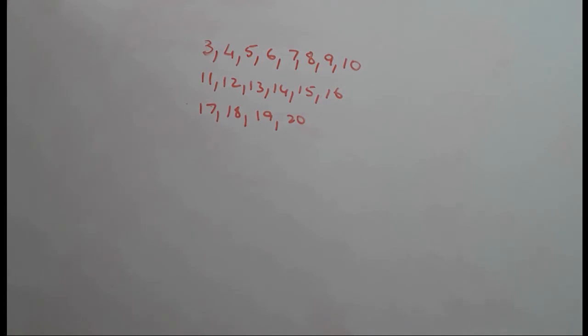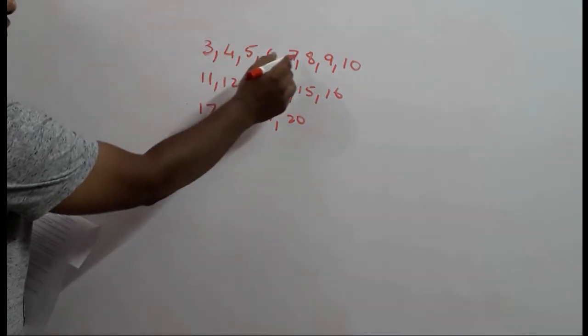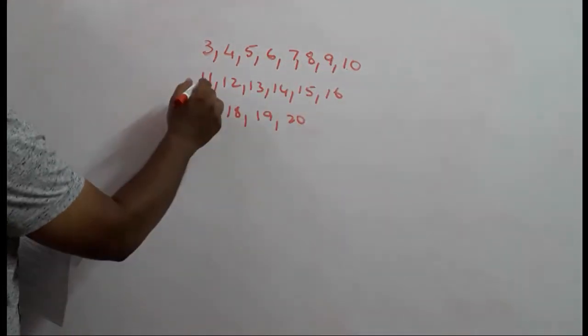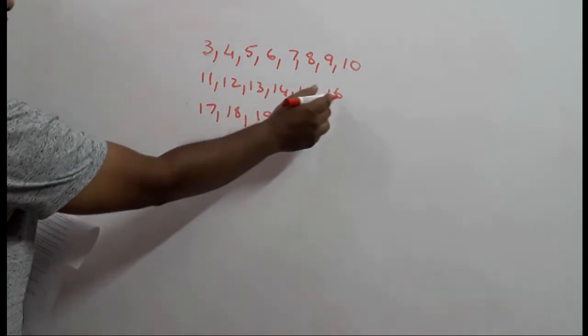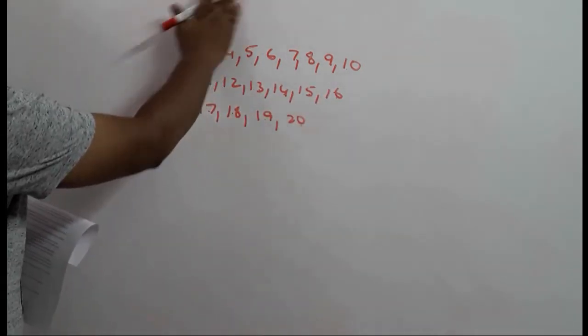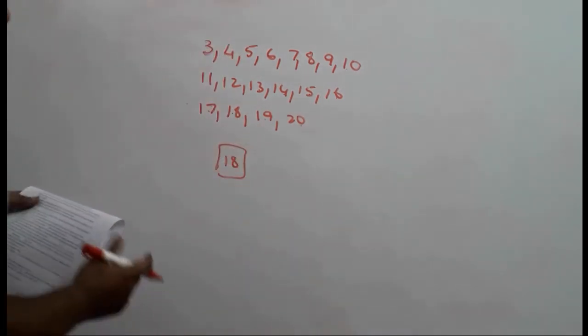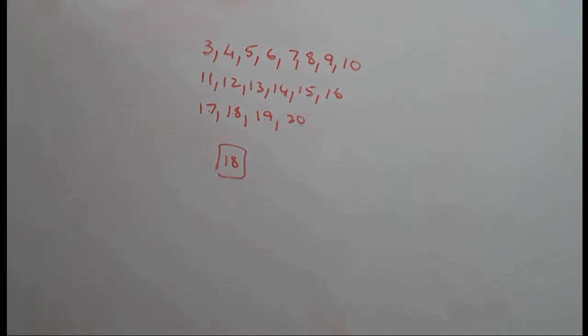So these are cards having these numbers 3 to 20, and they are present in a bag. So how many are there totally? 1, 2, 3, up to 18. So totally in a bag we have 18 cards, each having a number from 3 to 20.